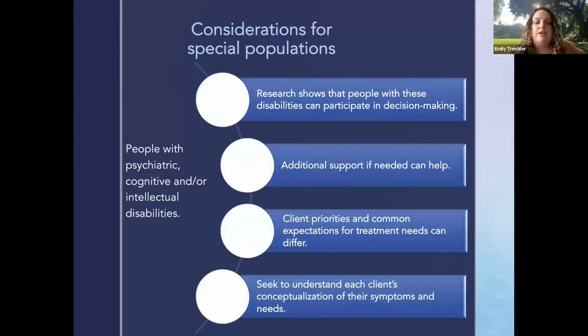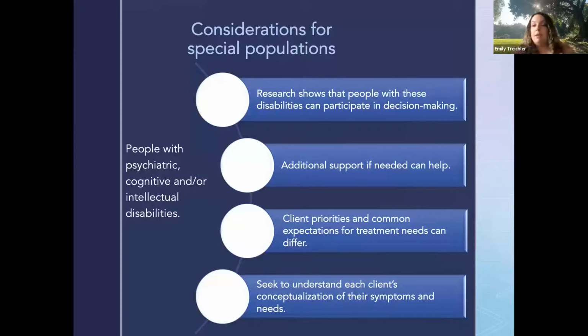The other thing is that this is an easy population for having miscommunication or misunderstandings about what priorities and expectations for treatment are. Sometimes the clinician community focuses on symptoms and functioning.